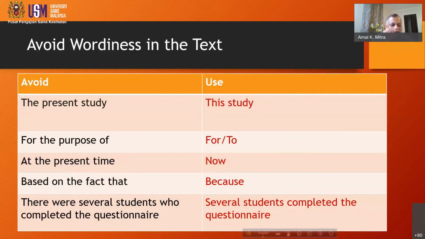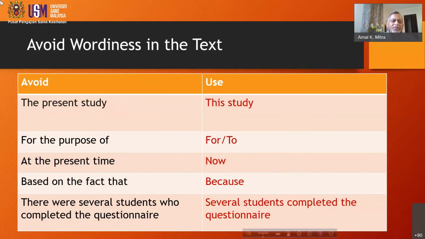In a given journal, you can find out how many articles, and in a given article, the total word count. If the total word count is that much and the total cost of the journal is this, you can calculate how much each word costs. So try to avoid wordiness. Try to make it simple.